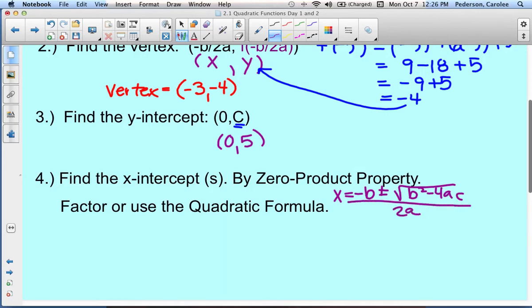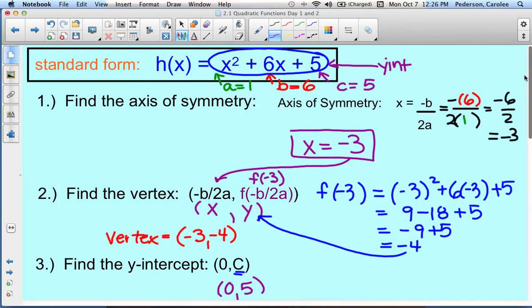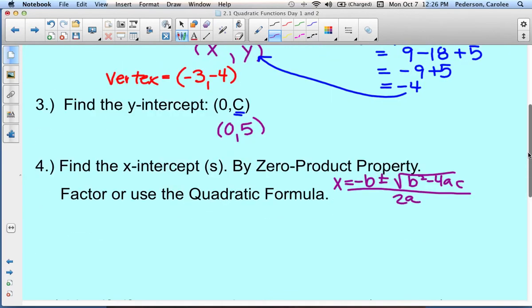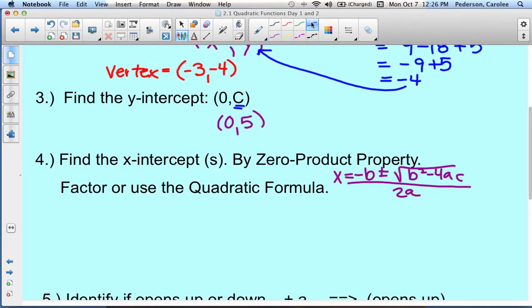This is our second choice. So let's go up to our original equation. Our original equation is in the blue, x squared plus 6x plus 5. We're going to set that equal to 0, and we're going to solve for x.